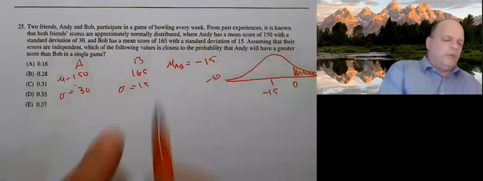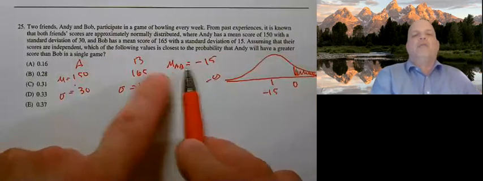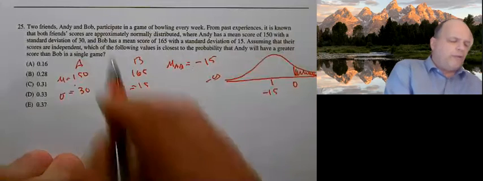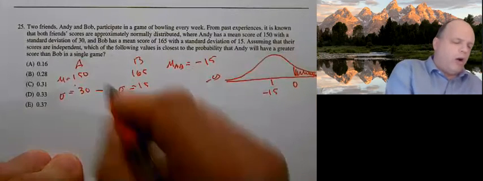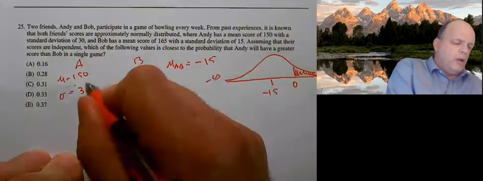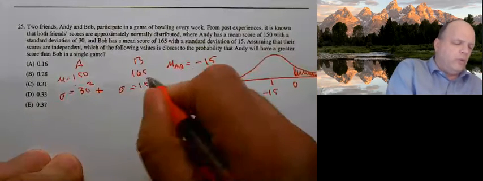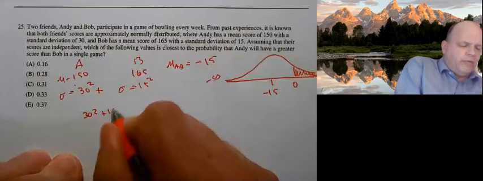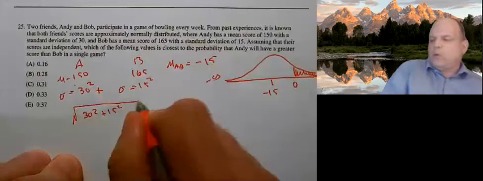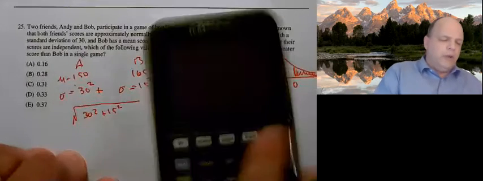Now, it was really nice of me to be able to subtract for the means, but for standard deviations, I can't just subtract. As a matter of fact, I can't subtract them at all. I have to add them, but I also have to square them. This becomes the square root of 30 squared plus 15 squared.